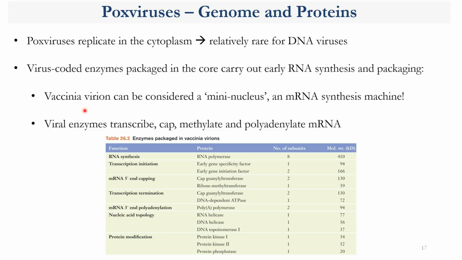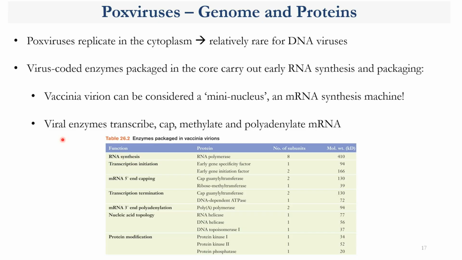So the Vaccinia variant can actually be considered a mini nucleus, okay? Sometimes some people call it a nucleoid, because it itself can synthesize mRNA in that core.